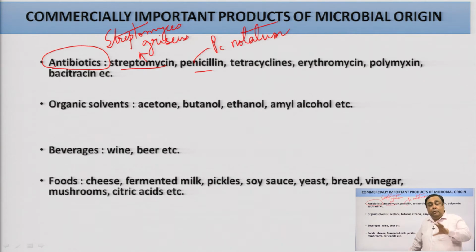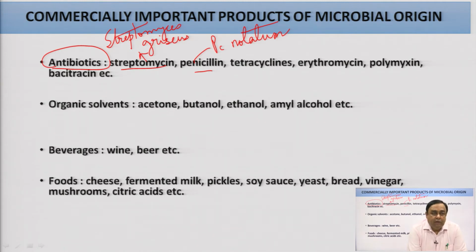But remember, microbes do not restrict themselves only to the production of drugs. They have a very important application in the production of solvents. Solvents like acetone, ethanol, butanol and amyl alcohol are very easily produced with the help of microbes. Microbes have a very important role in the production of beverages like wine and beer.